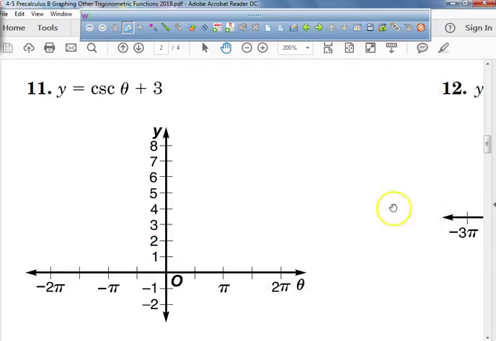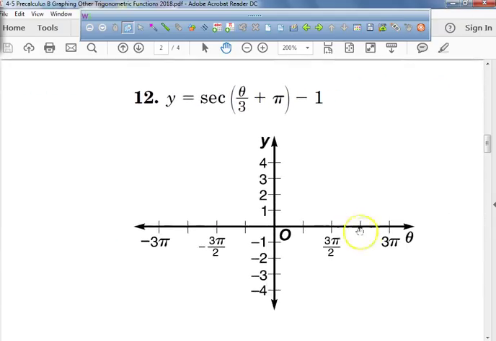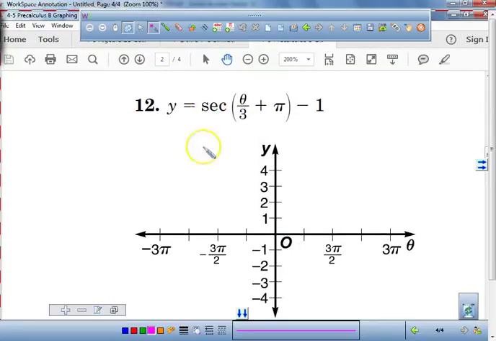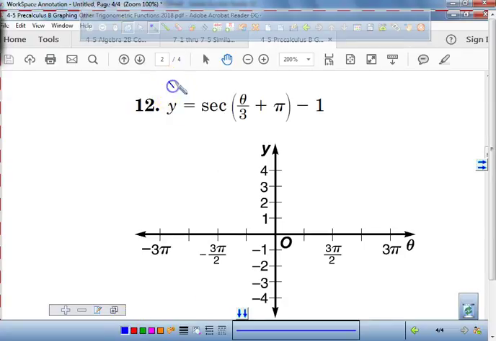Now that we have done that, we are going to build not a secant graph first. What are we going to build first? The midline, but what's the inverse of the secant? Cosine. We're going to write y equals cosine of theta over 3 plus pi, minus 1.